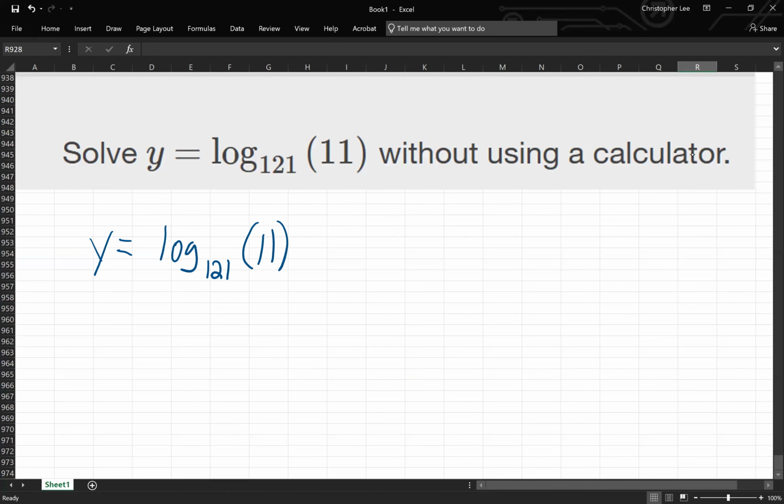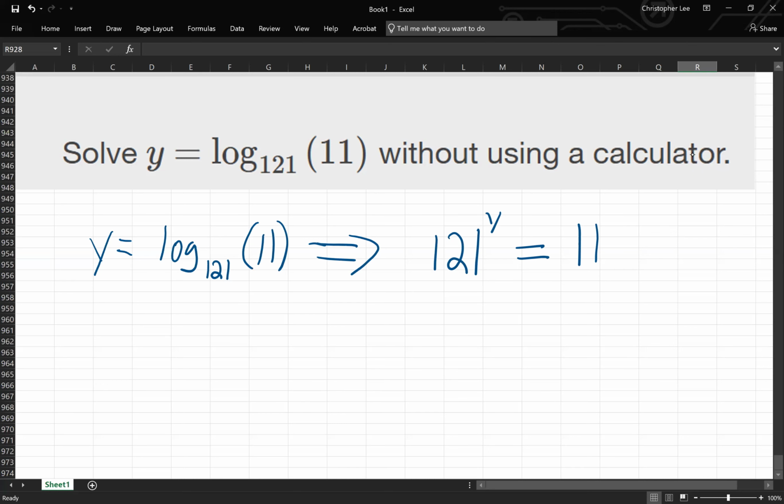So what am I asking? I'm asking, for base 121 raised to the y power, what power can I raise it to get 11 out? That's what I'm essentially asking.